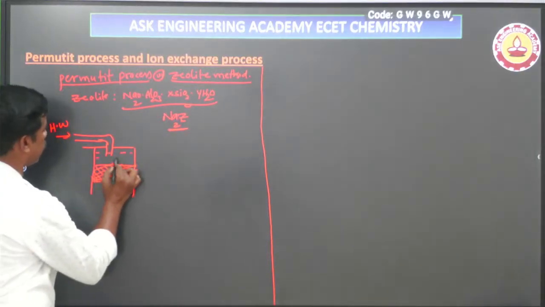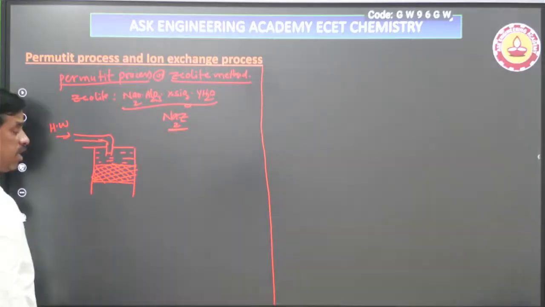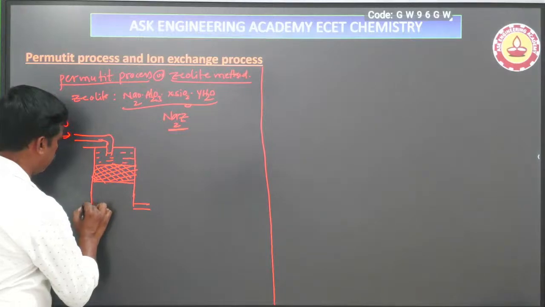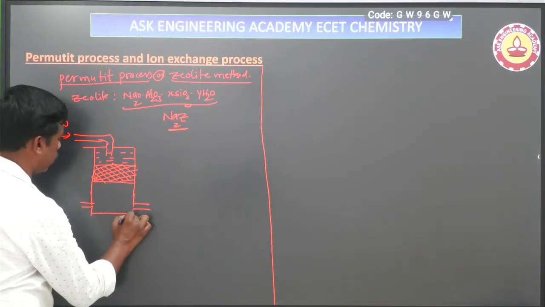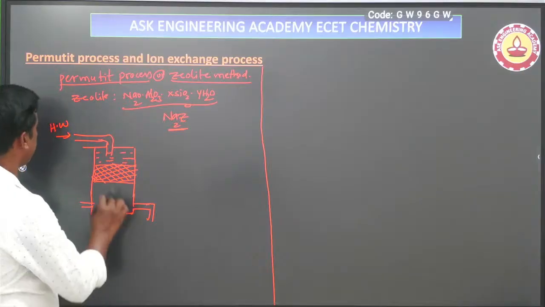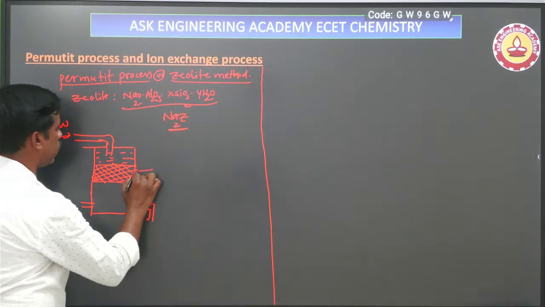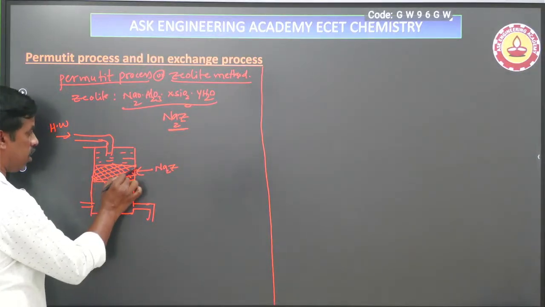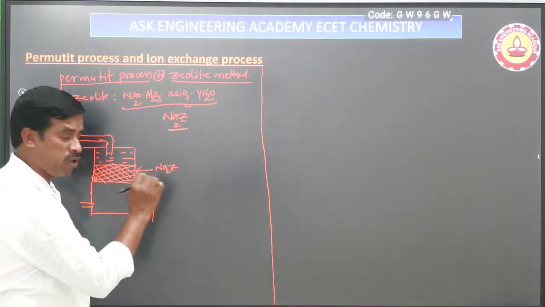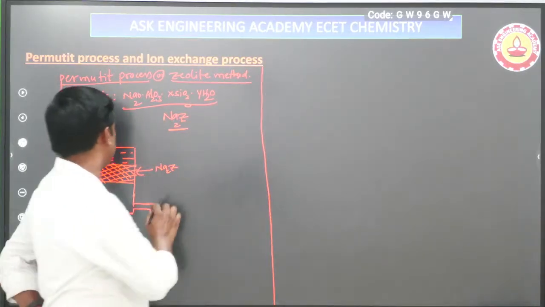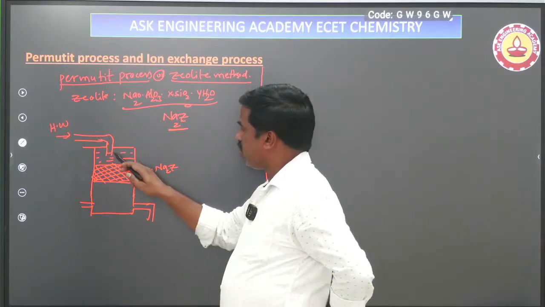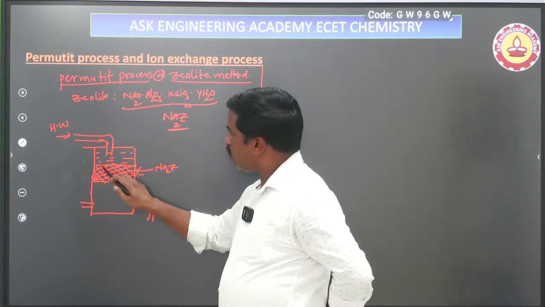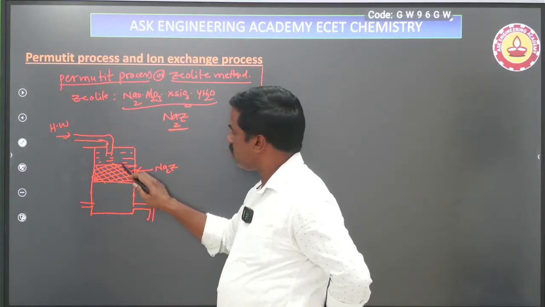Whenever hot water comes, the dissolved calcium and magnesium salts are stopped on the surface of the zeolite bed.